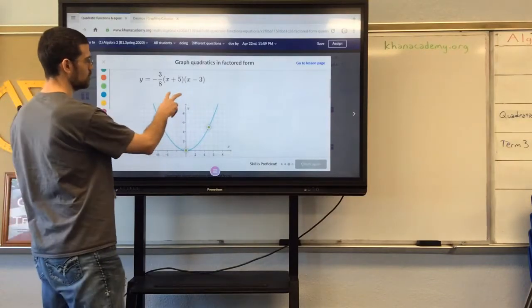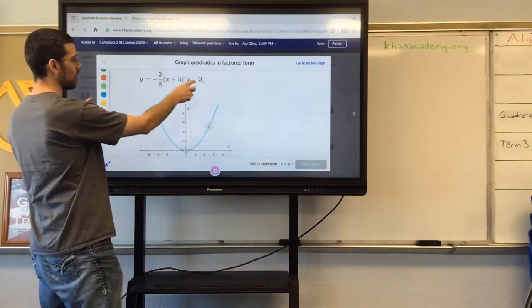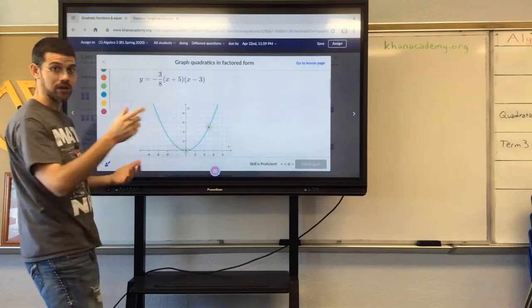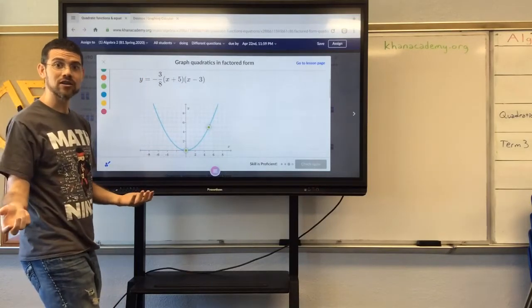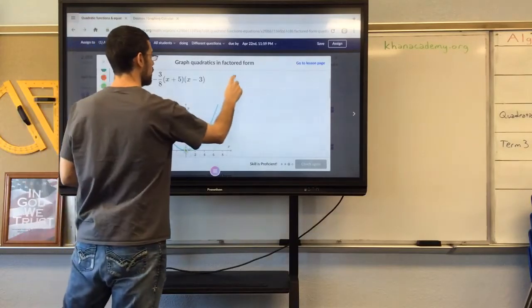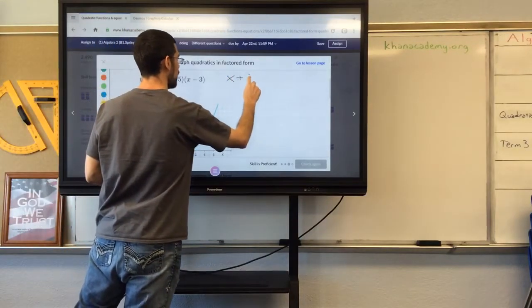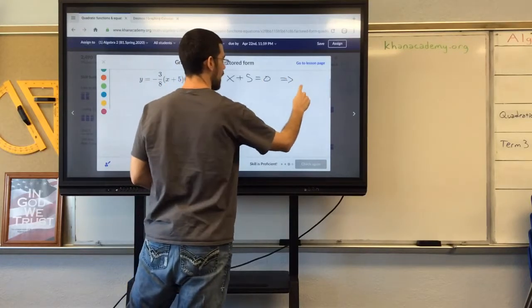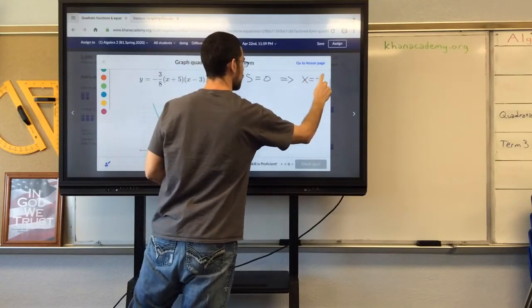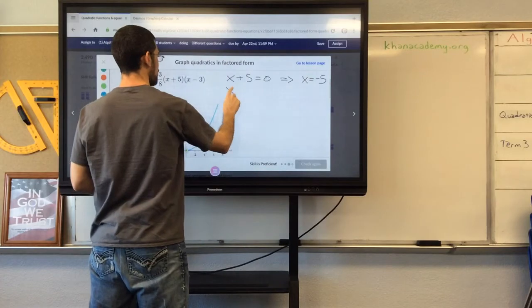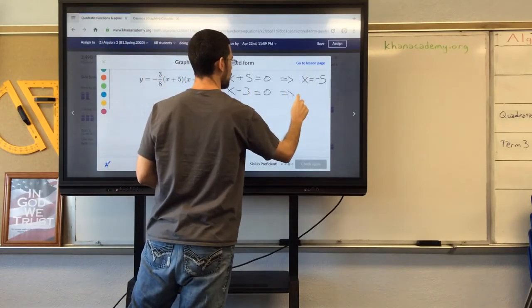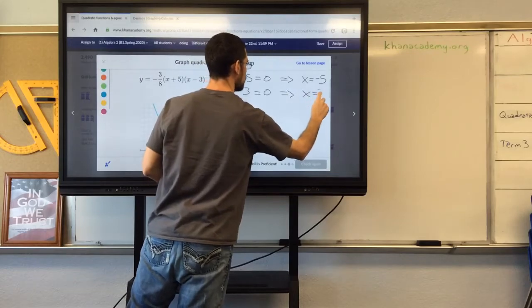The zeros of the function are whatever x values would make y equal 0. Well, that would be if at least one of the factors equals 0. So x plus 5 equals 0 when x equals negative 5, and x minus 3 equals 0 when x equals 3.